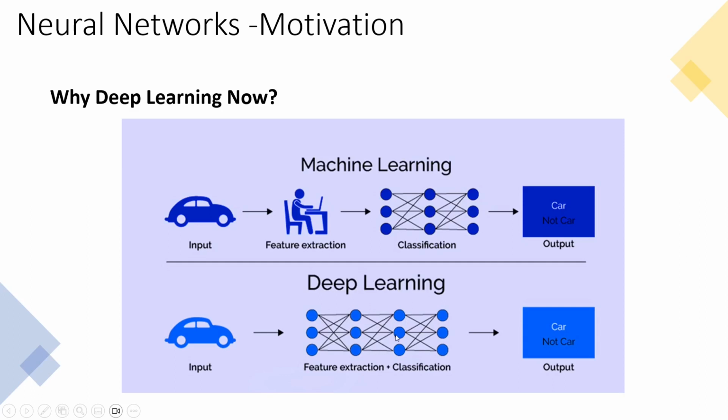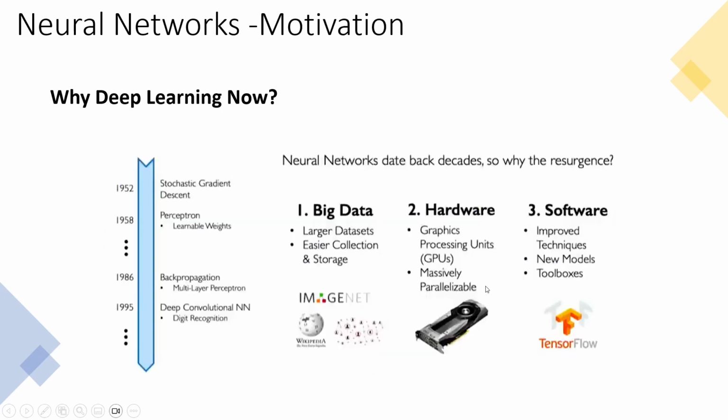You feed your data to the neural network, and then it extracts the features plus the classification by itself. In classical machine learning, the classification is done automatically, but the feature extraction is done with the help of an operator, or the operator decides which feature will be selected. Okay. This is the basic difference between classical machine learning and deep learning.